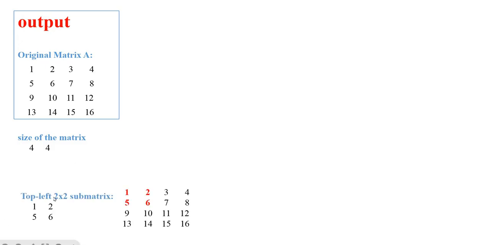Next it will display the top left 2 cross 2 submatrix. What is it? This one: 1, 2, 5, 6. For the top left submatrix we have given 1:2 and 1:2, meaning the first 2 rows and first 2 columns, so it displays 1, 2, 5, 6.